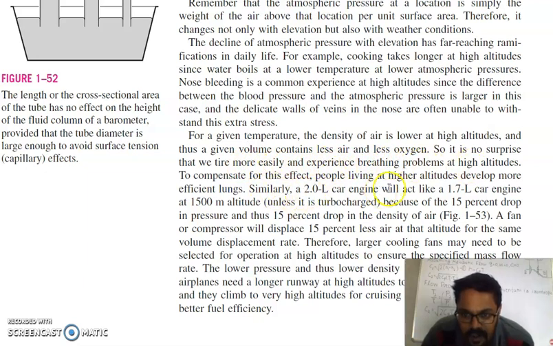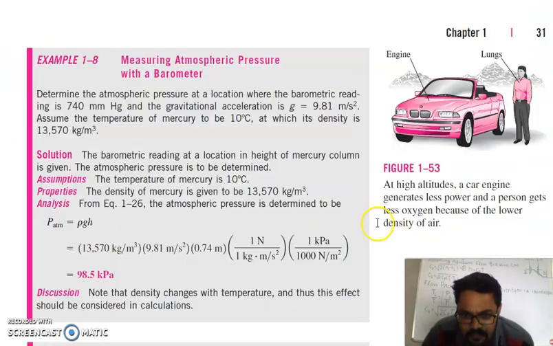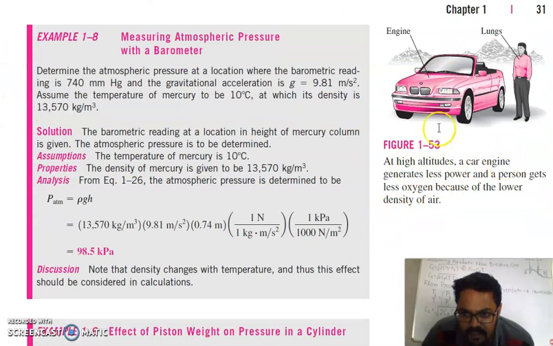Similarly, a 2-liter car engine will act like a 1.7-liter car engine, because the overall air density has decreased and a lesser amount of air will come into the engine, and there must be some 15 to 20% drop. So at high altitudes a car generates less power, and a person even gets less oxygen because of lower density of air. It means there is difficulty in doing work at high altitudes.